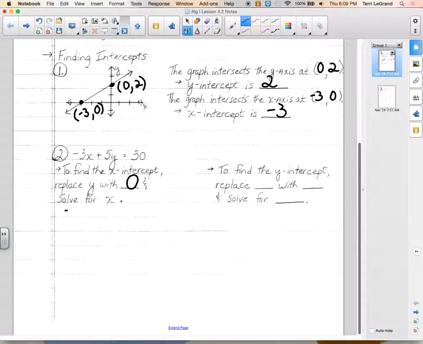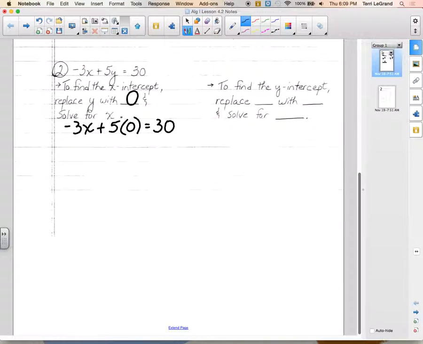So we're going to replace the y with 0, and we're going to solve that equation for x. So we're going to have -3x plus 5 times 0 equals 30. Well, 5 times 0, that's 0. So we're going to have -3x equals 30. So we're going to get the x alone by dividing both sides by -3.